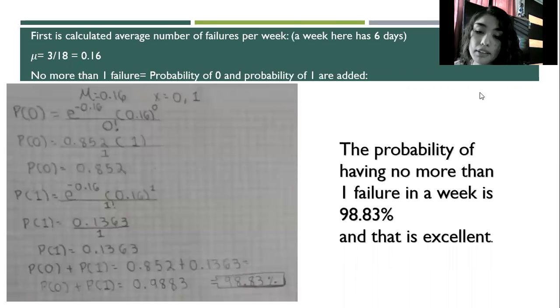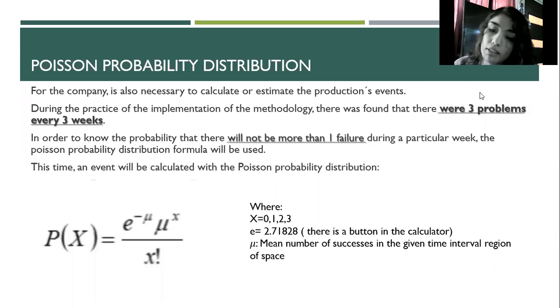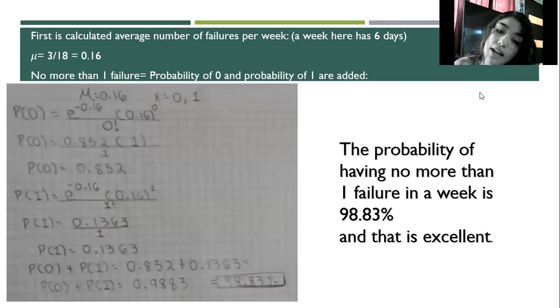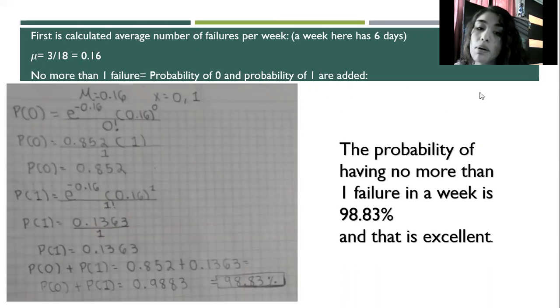So first, the mean number is calculated, and then the calculations are done. Here, we are looking for no more than 1 failure. So the probability of 0 and the probability of 1 are added, and it gives 98.83%, and that is excellent.